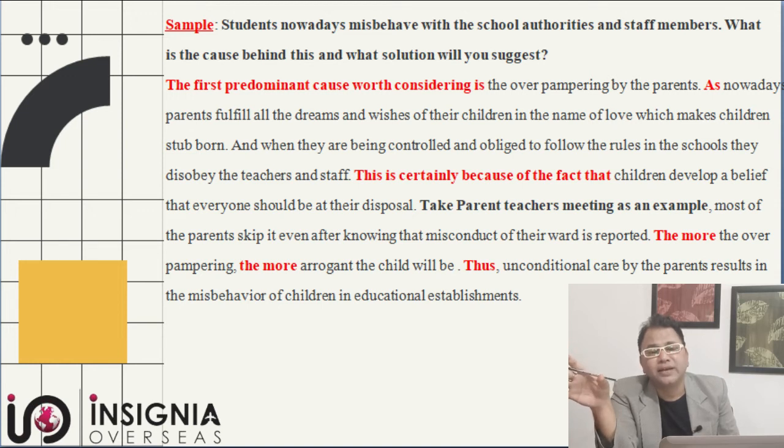Please understand that in writing task 2, if you force your reader to read more and more in order to prove your point, in order to present your idea, it not only impacts your task response, but it most certainly impacts your coherence and cohesion. Understand?